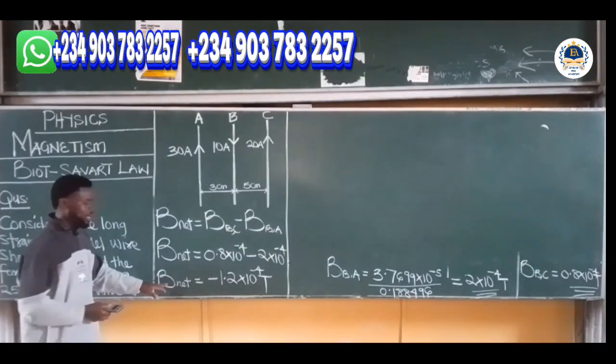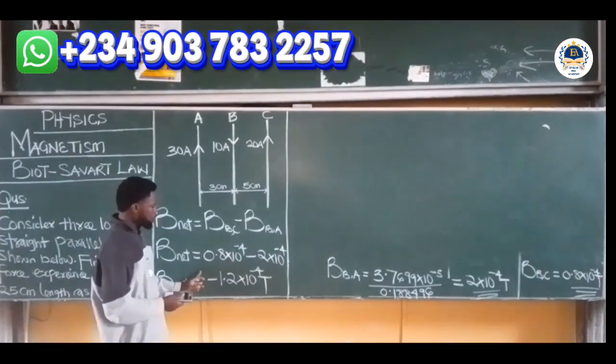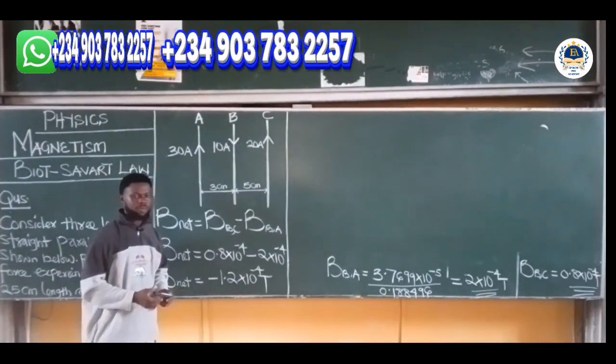So we obtain B net, or B total, as minus 1.2 times 10 raised to the power of negative 4 Tesla.